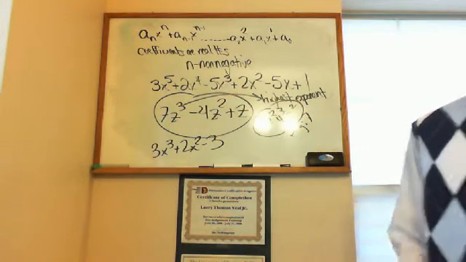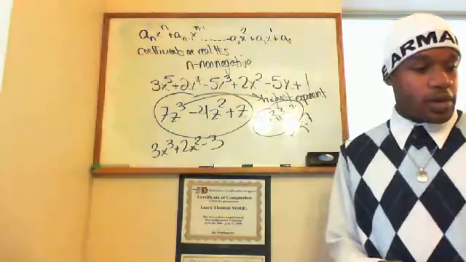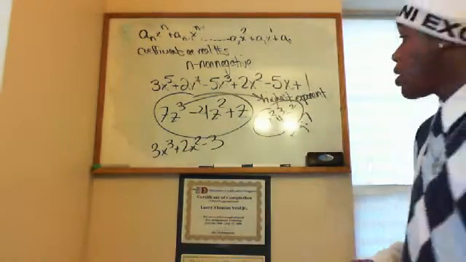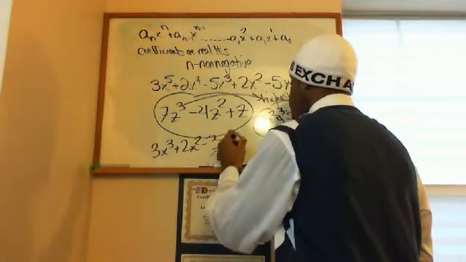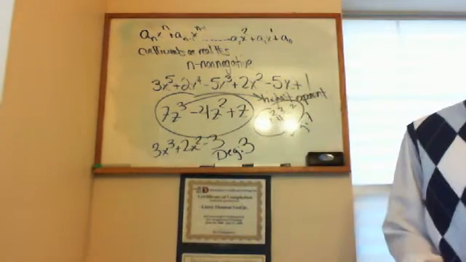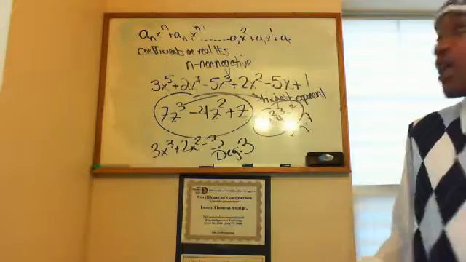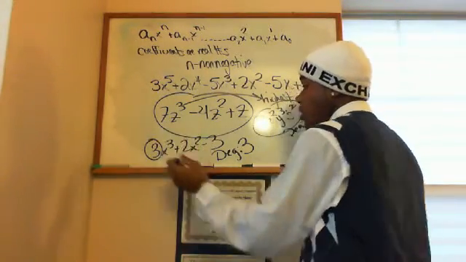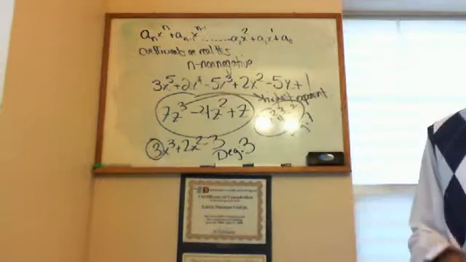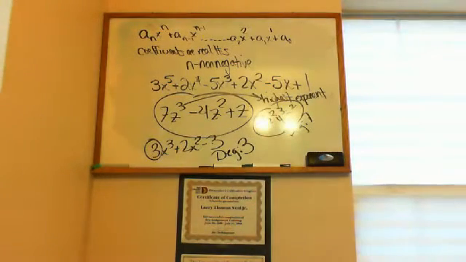The degree will be 3, right? And the LC is 3 also, because that's what's leading the whole thing. Don't worry about 2, don't worry about negative 3. Whatever's leading the actual polynomial is my leading coefficient. So in this case, it is answer choice B. Any questions on that stuff?